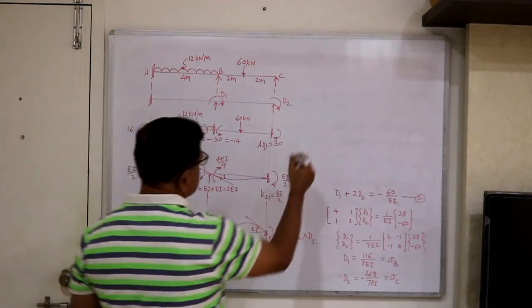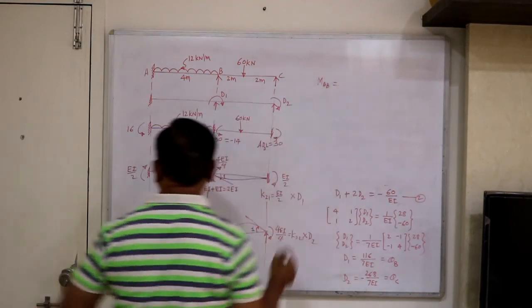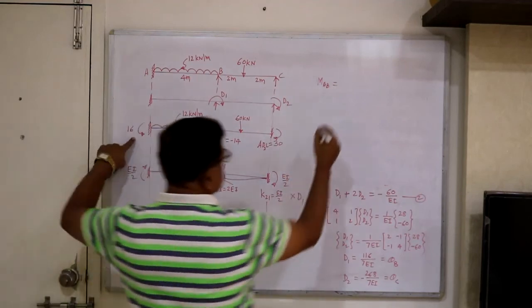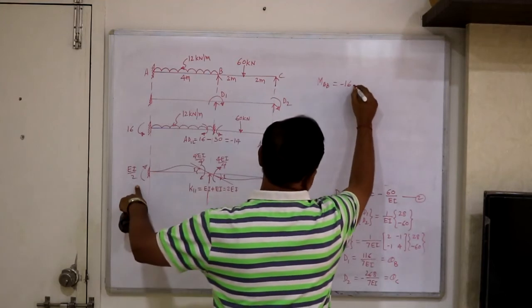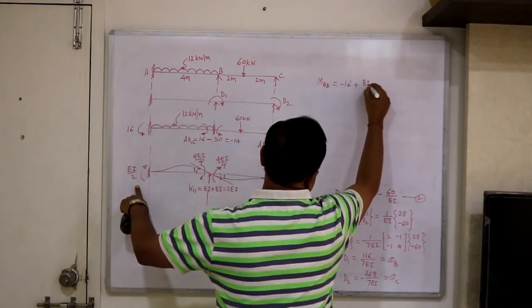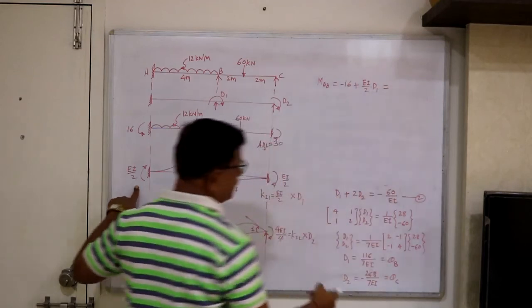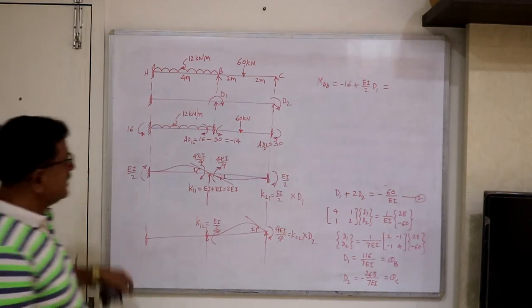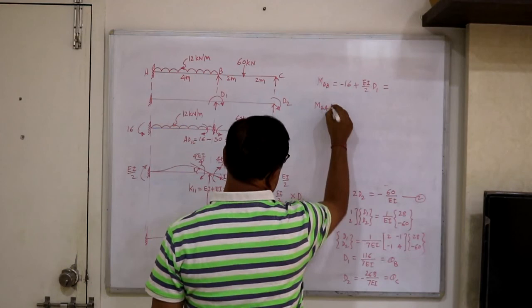So MAB equal to, this is anti-clockwise, minus 60, then this is plus EI upon 2 into D1, and D1 we know. There is nothing else here. Now this is MAB, then you find out MBA.